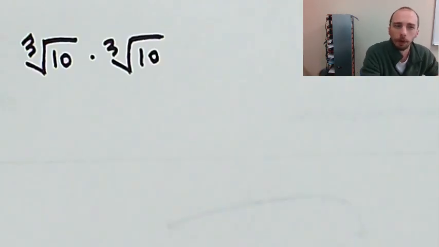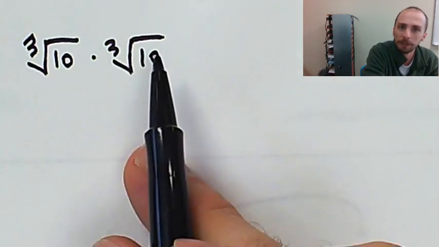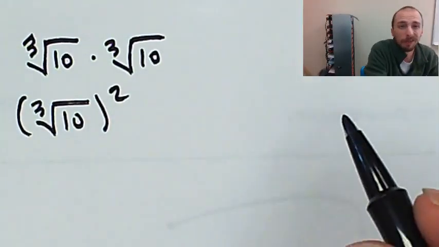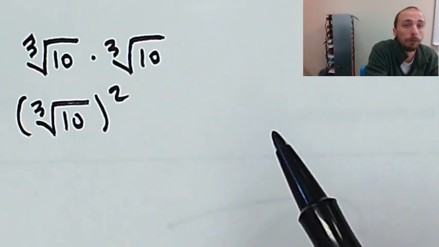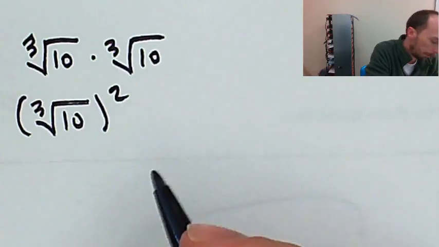All right, now let's think about this a little harder. What's going to happen with cube root of 10 times cube root of 10? That was the numerator of the fraction in the previous example. If I take a step back, I'm taking a number and multiplying it by itself, that's like squaring it, right? So I can say that's cube root of 10 squared. Now, one of the radical properties that I haven't used much yet in this video, but will be using extensively, is that the cube root is the 1/3 power.